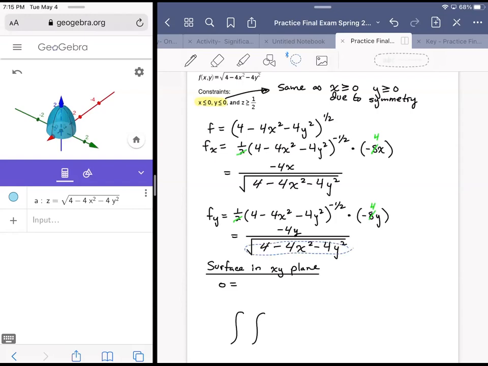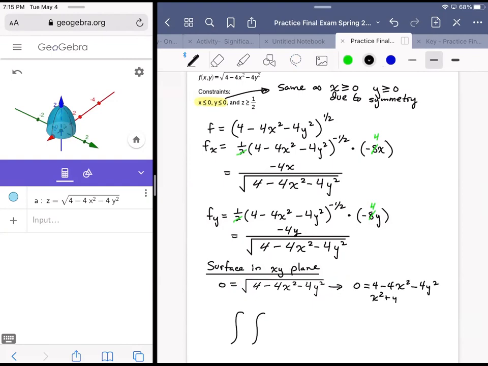Snag it from here. Square both sides. We're talking 0 equals 4 minus 4x squared minus 4y squared. Divide everything by 4, move some things around, you're going to get x squared plus y squared is equal to 1.